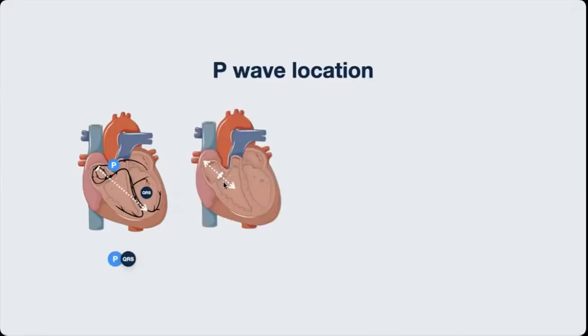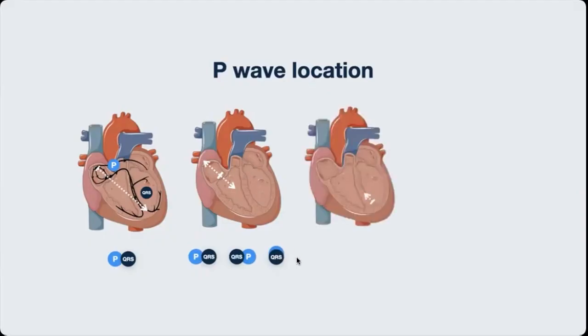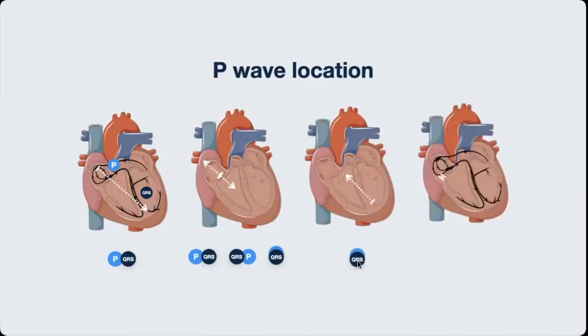But in a junctional rhythm, with the electrical activity starting here in the middle between atria and ventricle, the P can precede the QRS complex, it can follow it, or you may not have any P waves at all. They can be overshadowed by the QRS complex. And if you have a ventricular rhythm, you won't see P waves.